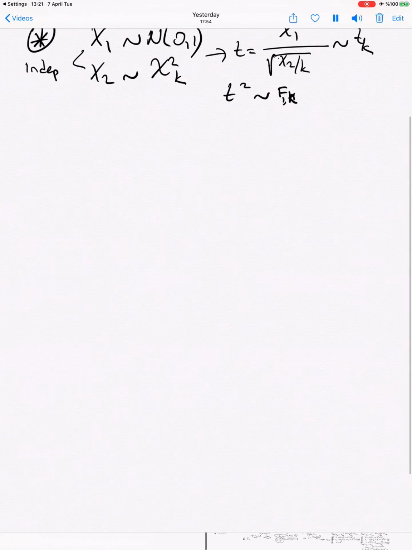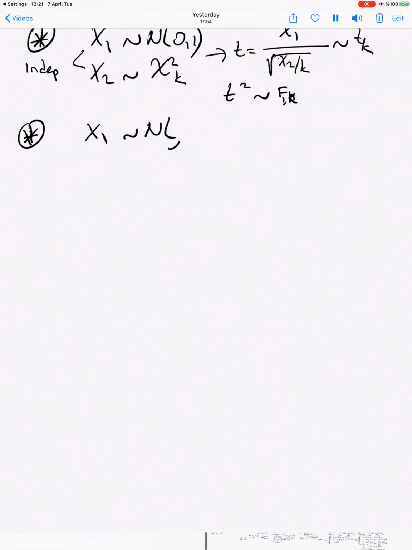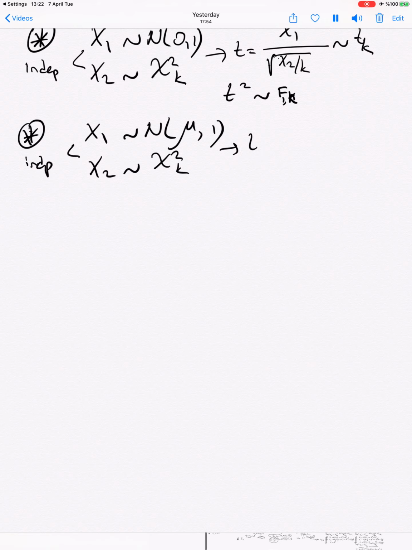And if our numerator is not standard normally distributed, let's say it is distributed as normal with mean mu and variance 1, and the denominator is the same, and again these two are independent, then we have a different scenario with the same ratio. We are not changing anything. We are using a normally distributed random variable where mu is different than 0. So this is known as a non-central t distribution.